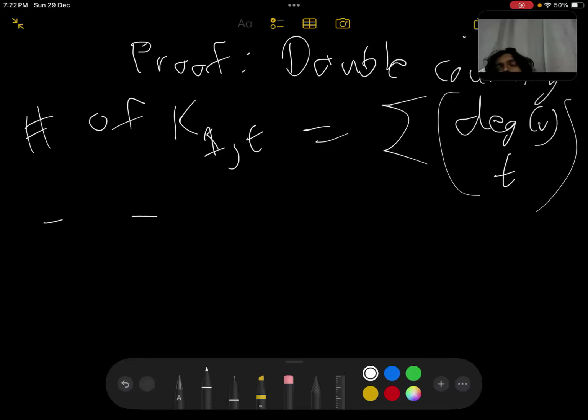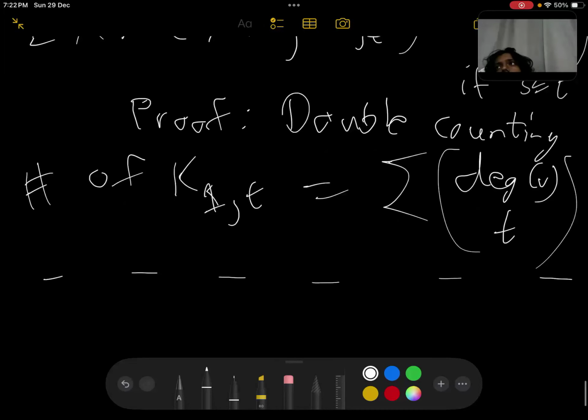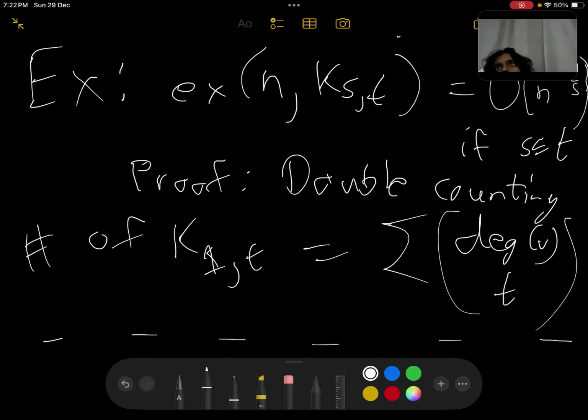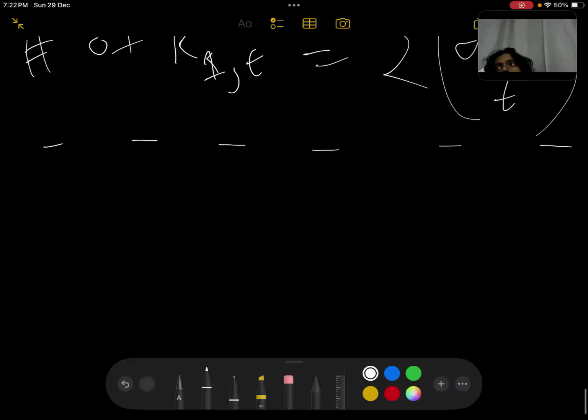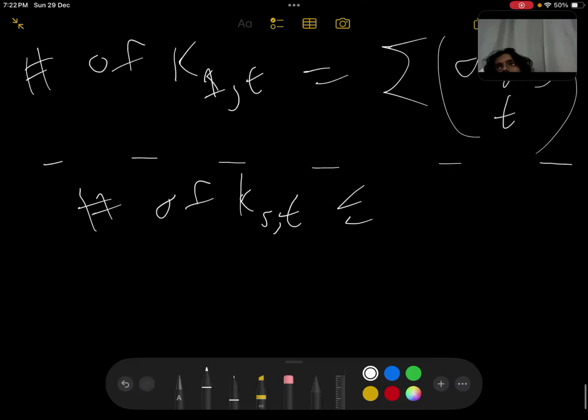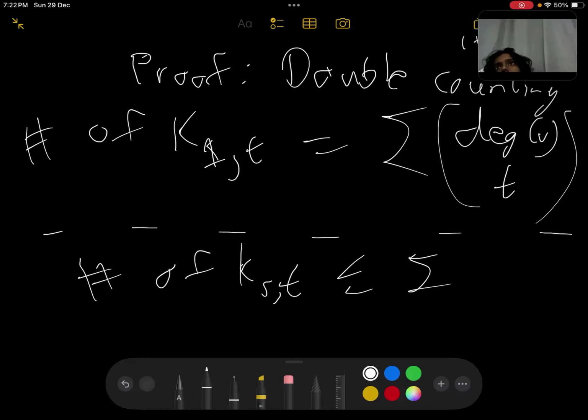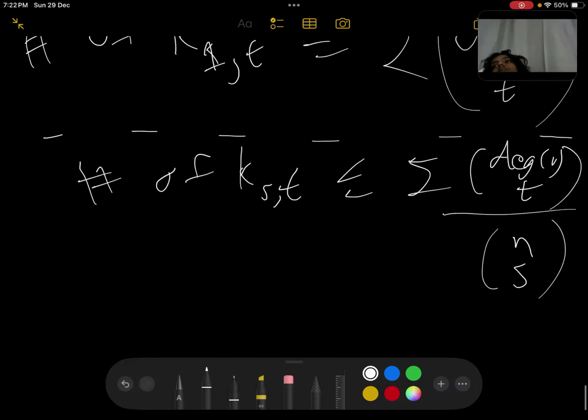Okay, I won't go into the details too much, but this is the starting point. The number of K1Ts in the graph is the summation of degree choose T. Like you can just choose T of them. And if you want KST, you need s of them to have the same. So basically you get that the number of KST is less than or equal to something.